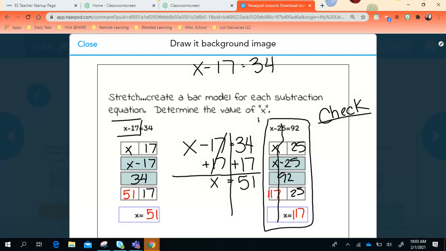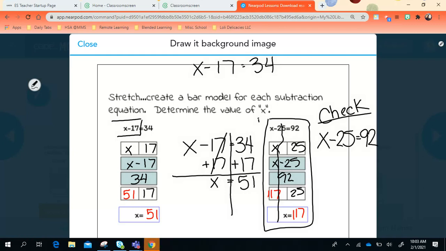Okay, so are we ready for the check? Make sure you have that check right next to it. I have x minus 25 equals 92. Quickly.